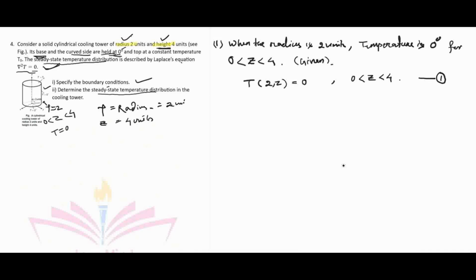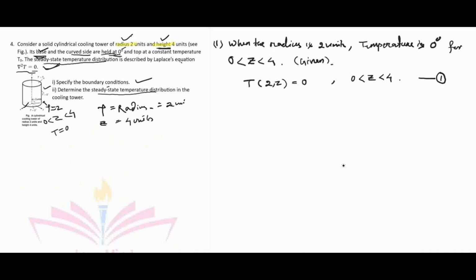The next one, when z is equal to 0, means along the base, because the base is maintained at 0 degree. That means when z is equal to 0, T is equal to 0 for any value of rho. Rho means radius, whether it is near the axis or along the curved surface.